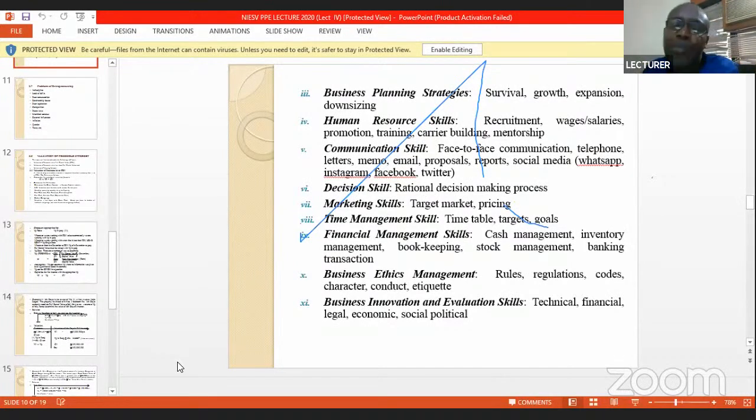A memo is a communication document that circulates within an organization. For instance, I'm a lecturer in Enugu State University of Science and Technology. If I'm writing a memo, it means that the memo circulates within a suite. A memo cannot go outside a suite.